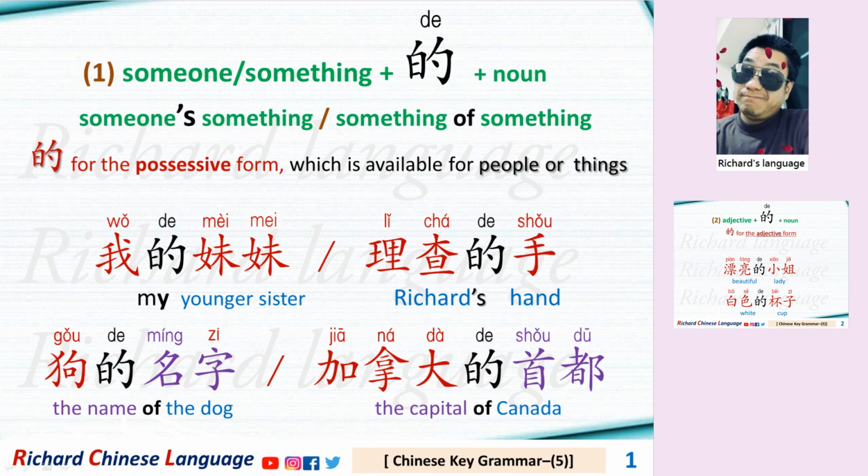It's like the dog's name. 加拿大的首都, the capital of Canada. It's like Canada's capital.